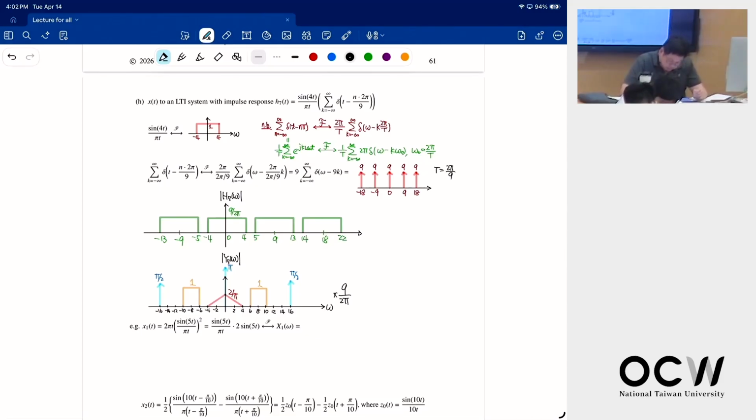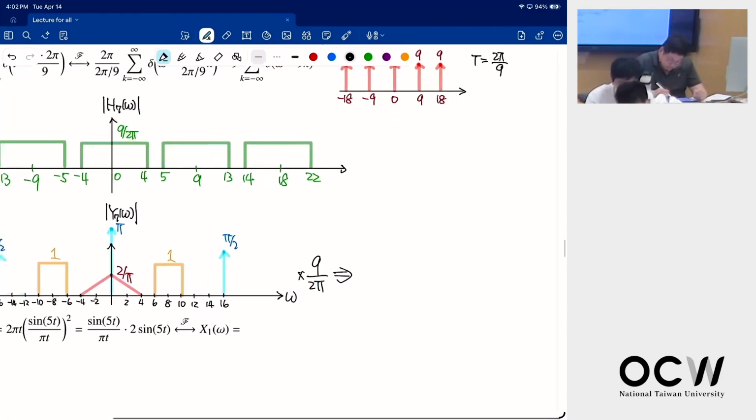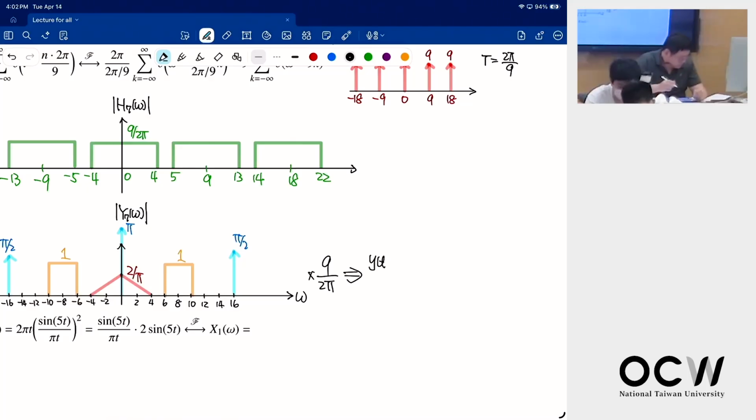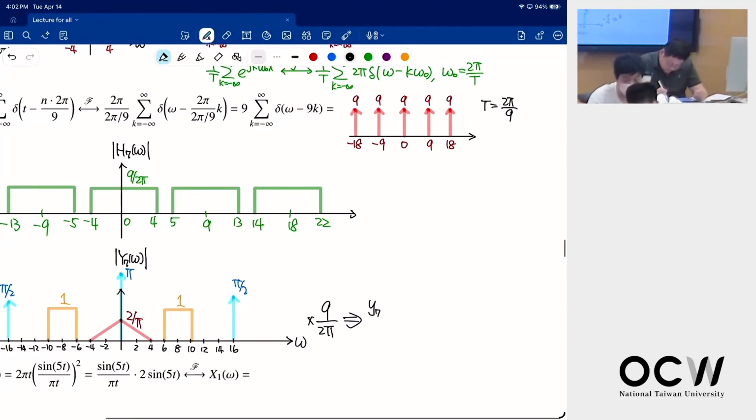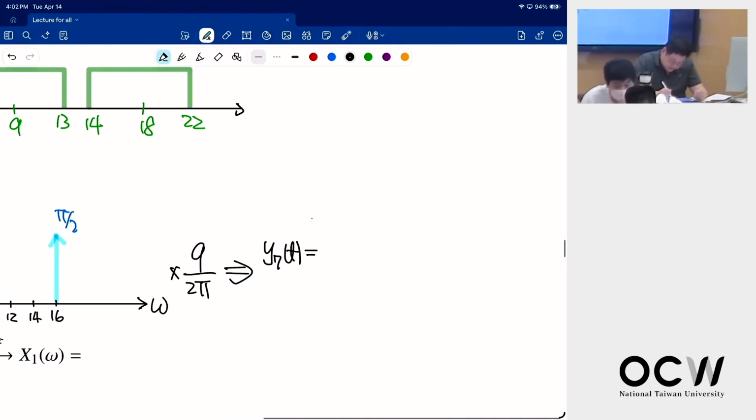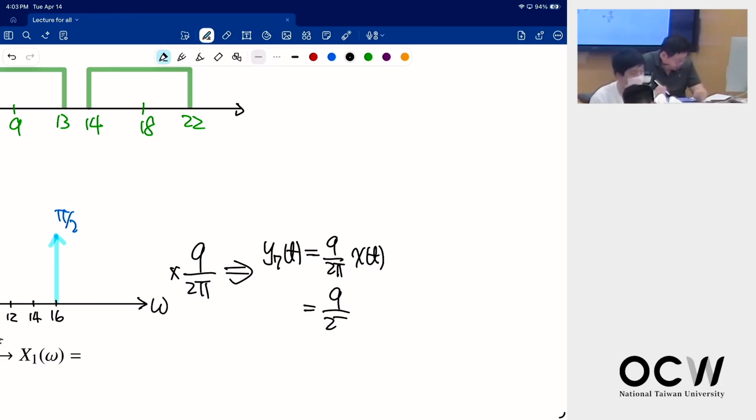So your output is 9 over 2 pi x, so which is 9 over 2 pi sinc function plus cosine.